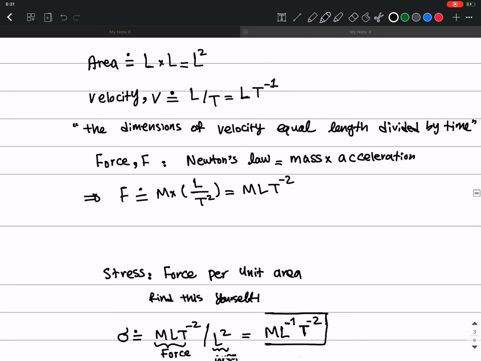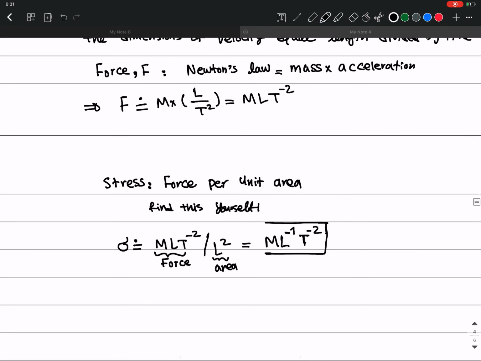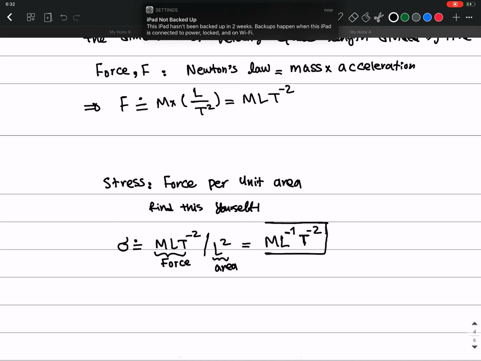So let me review what we have done in this section, and in the next lecture I'm going to talk about dimensional homogeneity, which is very important in any physics problems, and especially in fluids, because if you learn that, you will never make a mistake in equations that you write in fluid mechanics. And after that, we will talk about system of units, like international system, or SI, or British system, gravitational system.